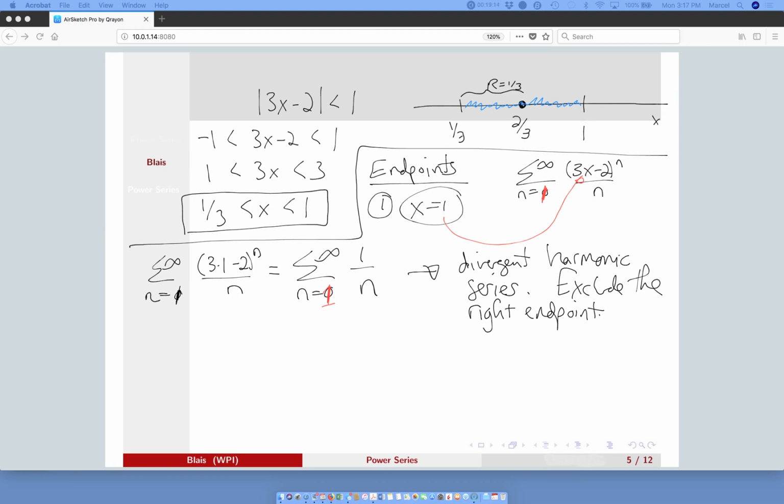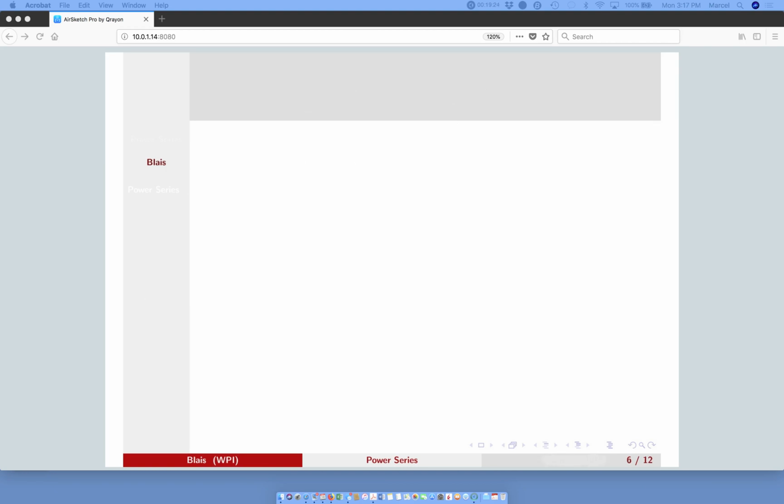Now let's check the other endpoint. So the other endpoint is when x equals 1/3. So second endpoint, x equals 1/3. And again, remember, the sum n equals 1 to infinity, (3x minus 2) to the n over n. We plug 1/3 in for x.